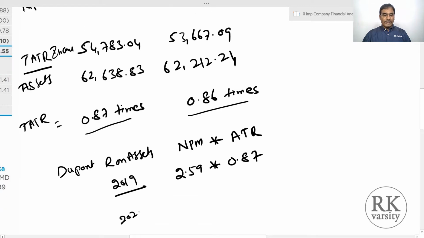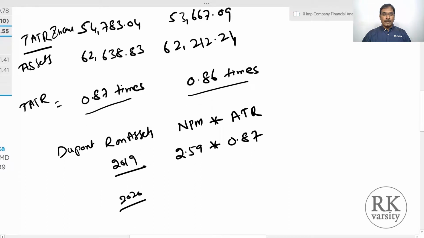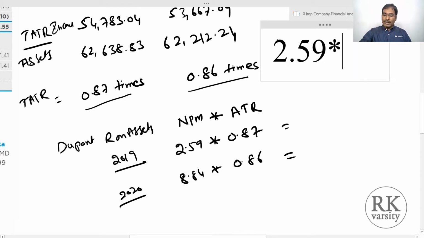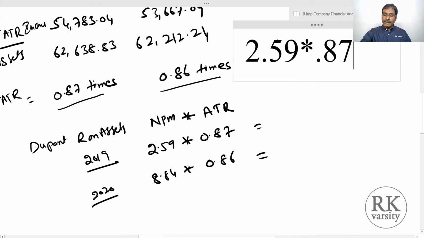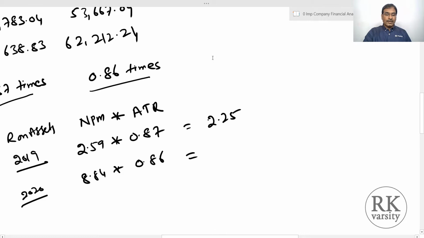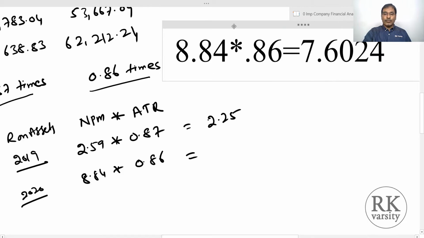For 2020, this is 8.84 net profit margin times 0.86. So your DuPont return on assets is 2.59 times 0.87, so this is 2.25. Whereas for 2020, this is 8.84 times 0.86, 7.6.